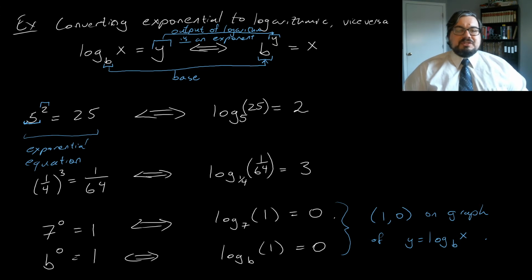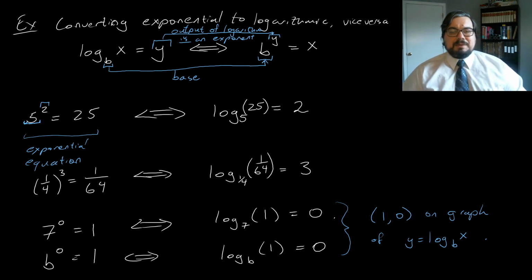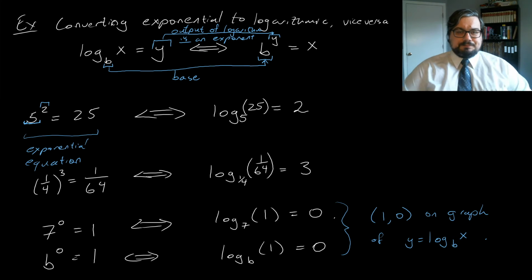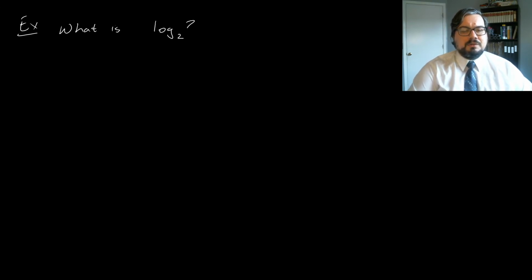Now, we can use this conversion between exponential and logarithmic forms in order to evaluate the logarithm function for certain convenient numbers. So let's suppose that the question simply asked, what is log base 2 of 8?